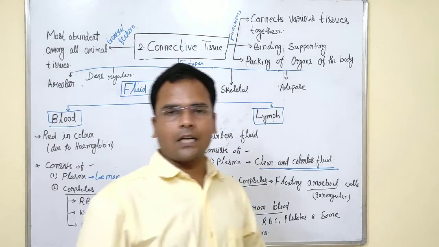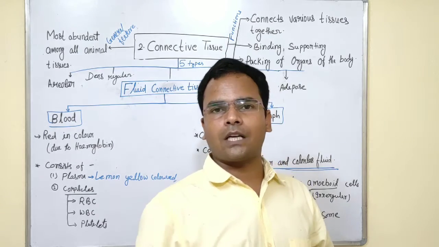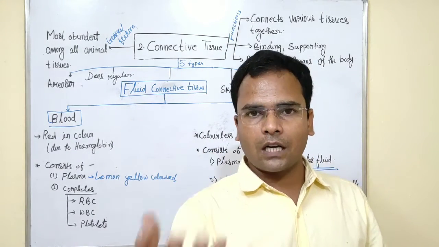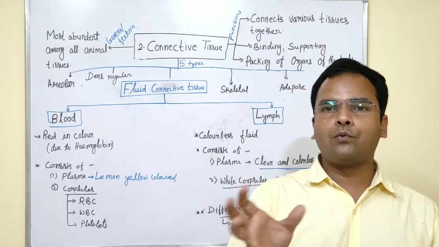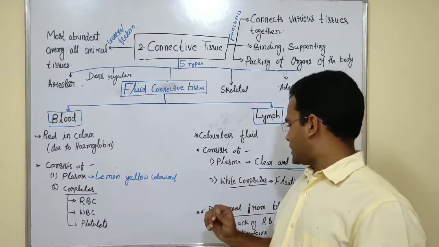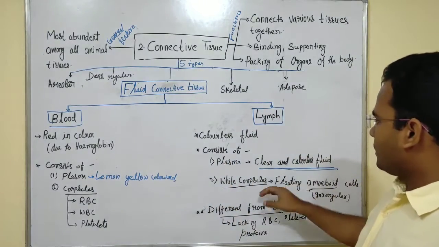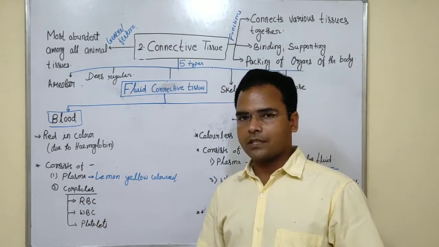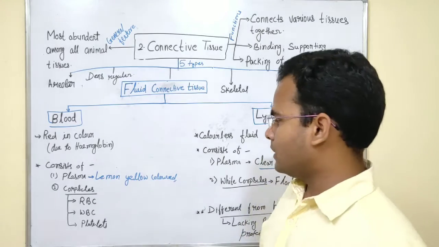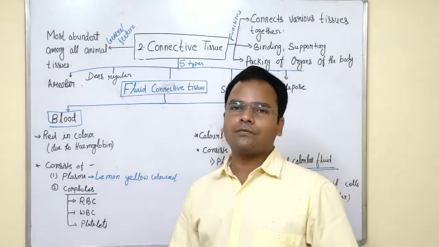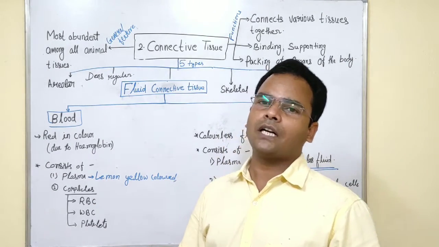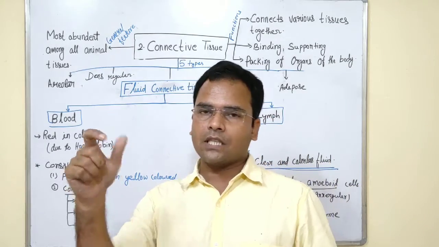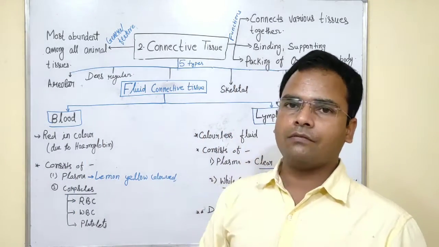Lymph is a colorless fluid, full of plasma and chemical content which is colorless, and it has some amoeboid cells, the white corpuscles, whereas in blood RBC, WBC and platelets are all there. Another major difference between lymph and blood: blood flows in the vessels, lymph doesn't flow in the vessel.